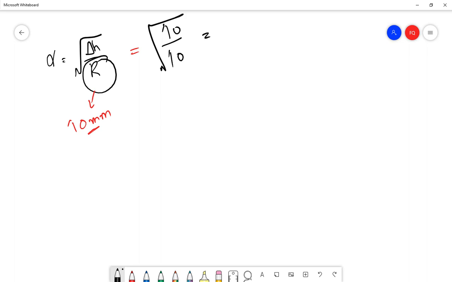What's the answer? It would be 1, right? One.